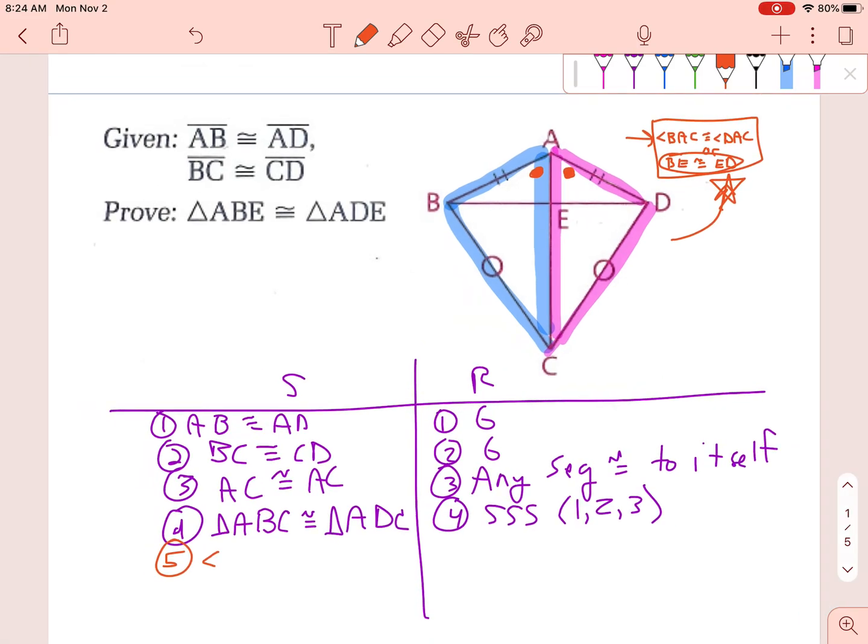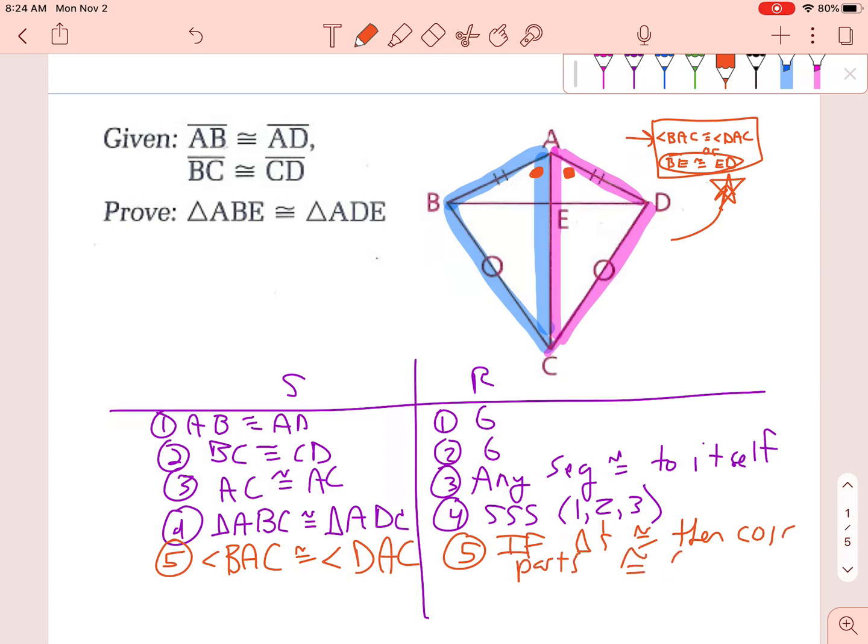So because the big triangles are congruent, I know that angle BAC is congruent to angle DAC. And again, if triangles are congruent, then their corresponding parts are also congruent. That's CPCTC. If triangles are congruent, then their corresponding parts are also congruent to each other.